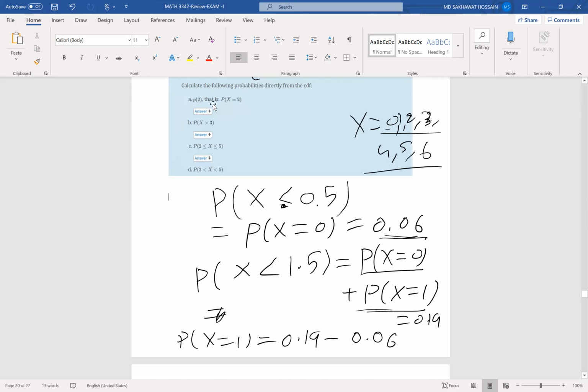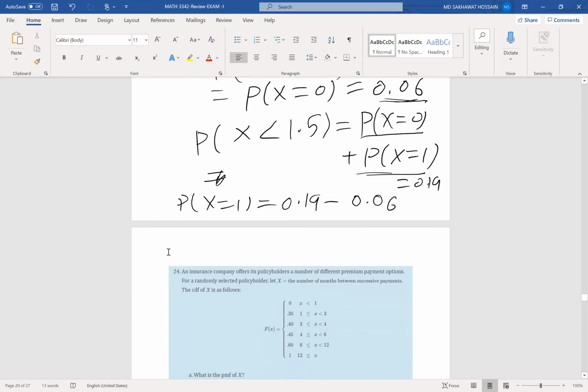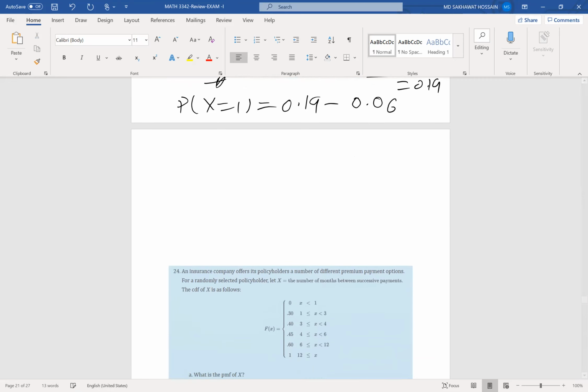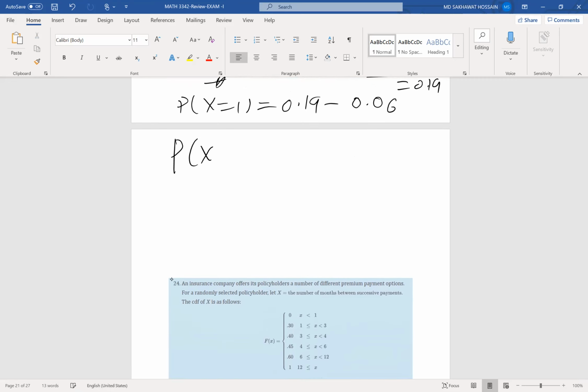So in part A, we have to find the probability of x equal to 2. How can we find this probability? We can say it is the probability of x less than or equal to 2 minus the probability of x less than or equal to 1, right?